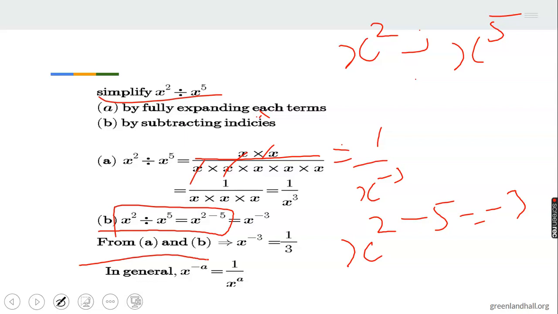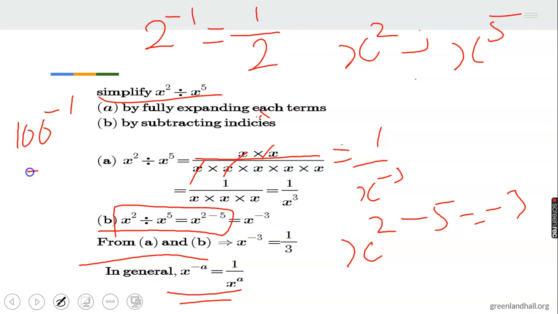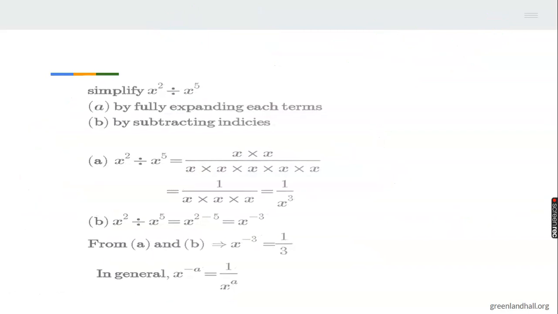Now, in general, x raised to power minus a will be equal to 1 all over x to the power a. That is, anytime you have 2 raised to power minus 1, to remove this minus, it has to be 1 all over 2. When you have 100 raised to power minus 1, it will be equal to 1 all over 100. Please take note of that.